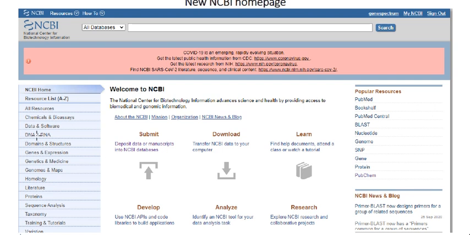RNA sequence, DNA sequence analysis, protein domains and structure analysis, protein sequences, gene expression analysis, genetic information, genomes and maps, homology, and literature. It is the biggest database used in bioinformatics.